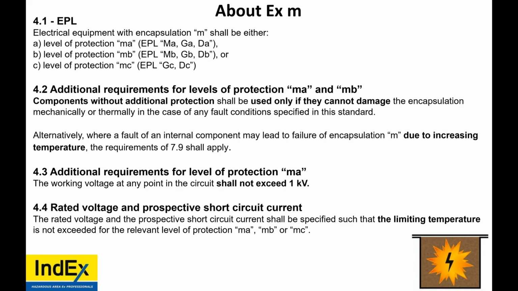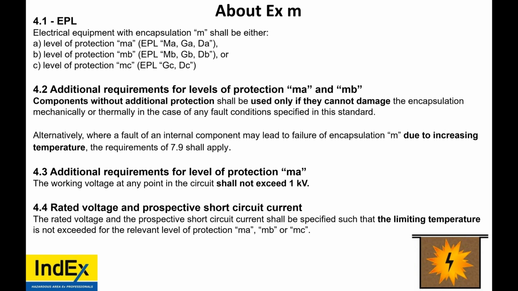Now, additional requirements of MA and MB is that components without additional protection shall be used only if they cannot be damaged, where the encapsulation cannot be damaged mechanically or thermally in any case of fault conditions. Alternatively, where a fault of an internal component may lead to a failure of the encapsulation due to increasing temperature, further requirements apply. Now, the maximum working voltage of MA for zone 0 shall not exceed 1000 volts.